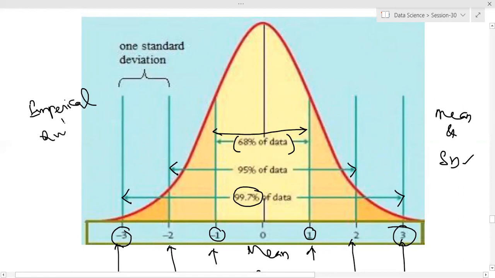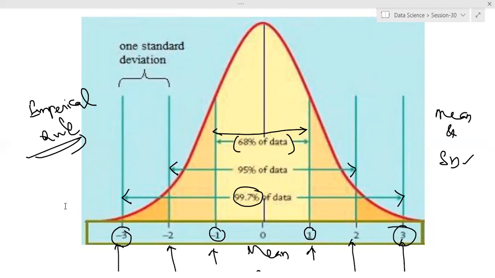The empirical rule says that if your distribution is normal in nature, then 99.7% of the data lies within mu plus or minus 3 standard deviations, 95% of the data lies within mu plus or minus 2 standard deviations, and 68% of the data lies within mu plus or minus 1 standard deviation.